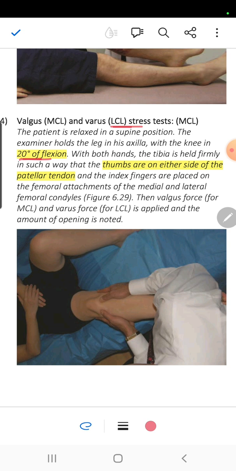It is important, thumbs should be on either side of the patellar tendon, and the index fingers are placed on the femoral attachments of the medial and lateral femoral condyles. Then valgus stress for the MCL and varus stress for the LCL is applied, and the amount of opening is noted.